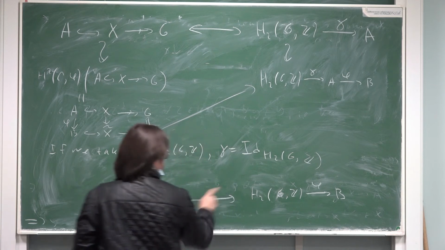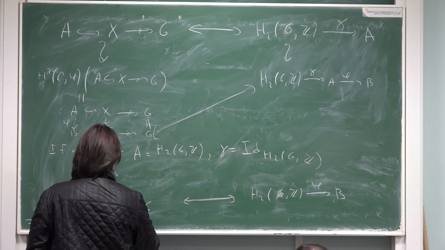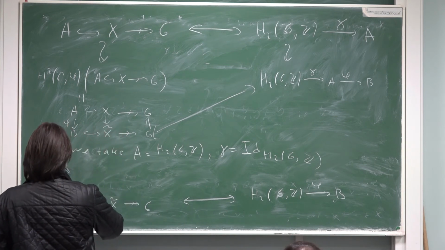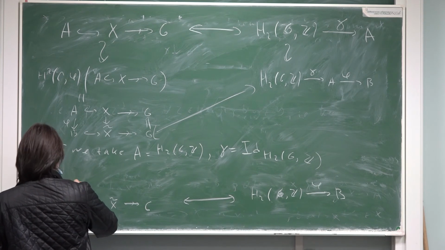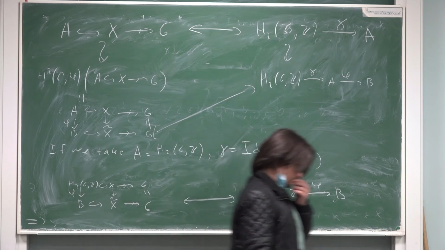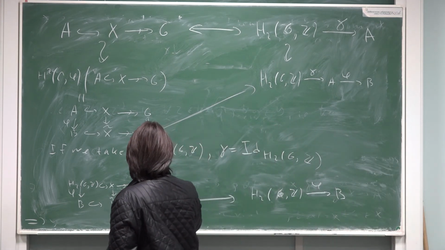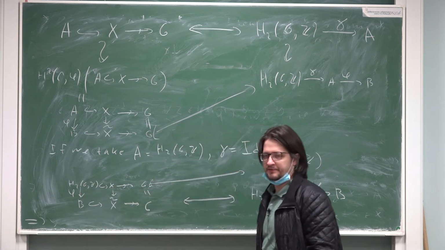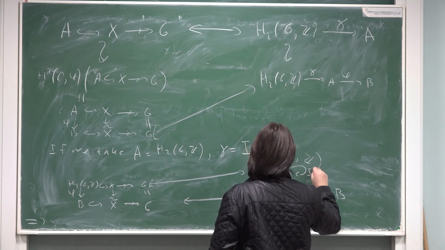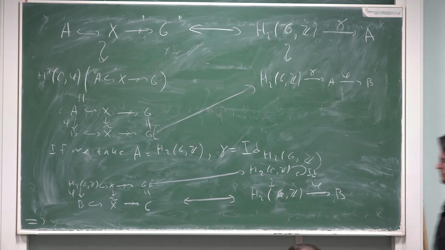So this morphism phi corresponds to some central extension of G by B, such that there is a morphism phi from this central extension with the fixed central extension corresponding to the identity map on the second homology of G.